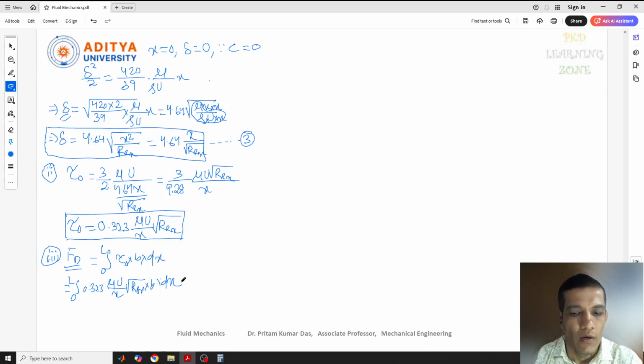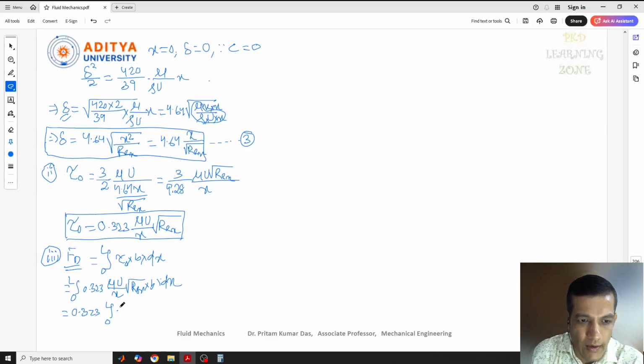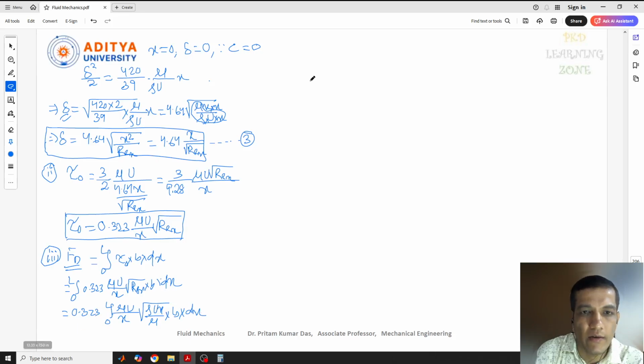Now this integration will take some time. Here 0 to L is there. What I'll do is take the constant terms outside, that is 0.323, integration 0 to L, and mu into u by x. Re x we can write as rho u x by mu, into b into dx.